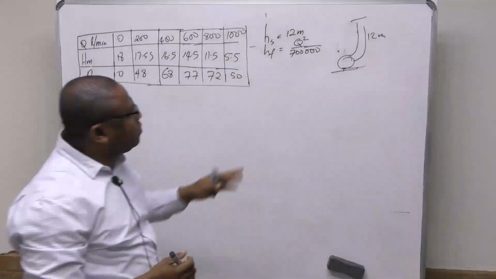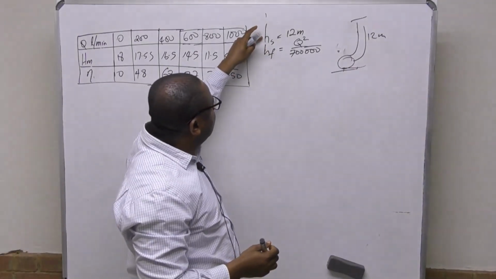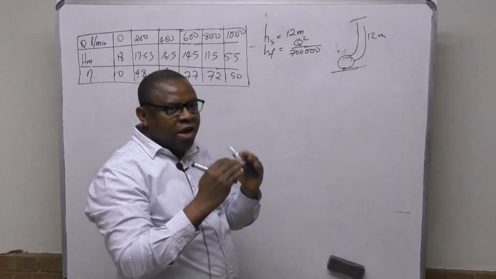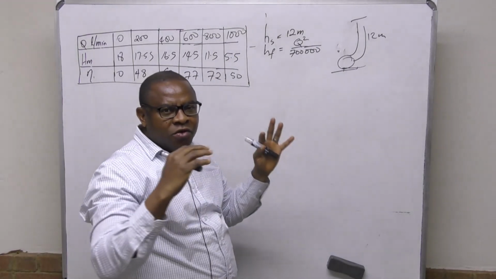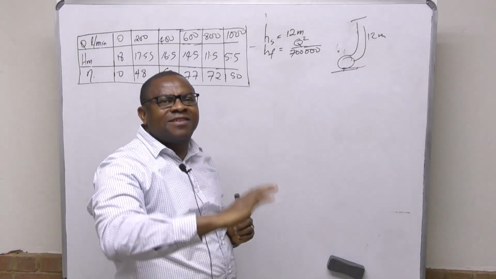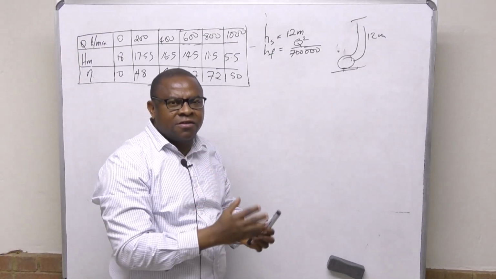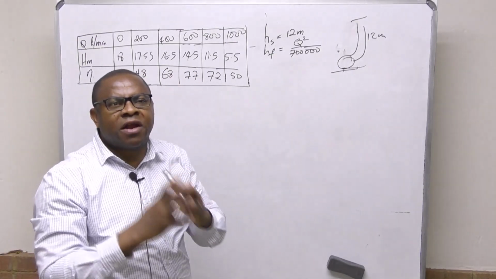So you can use the static head plus the frictional head to get the total head. Then we use that to plot the system characteristics and mesh that system characteristics with the pump characteristics.